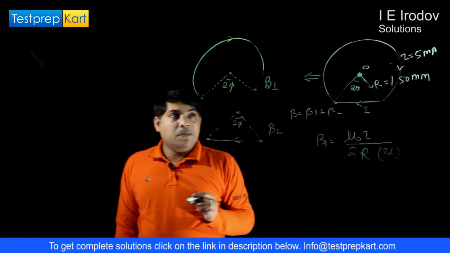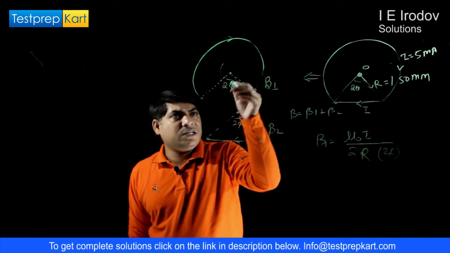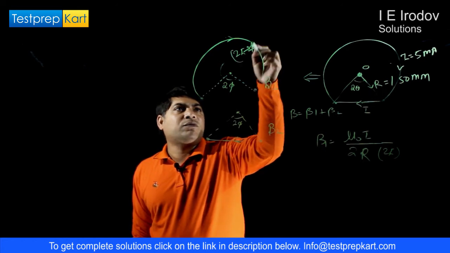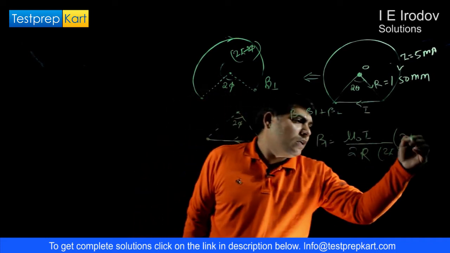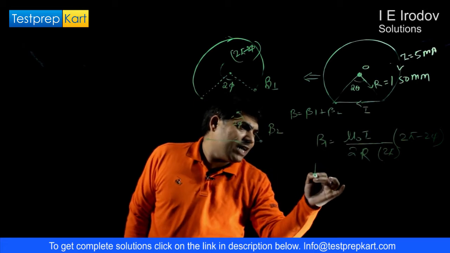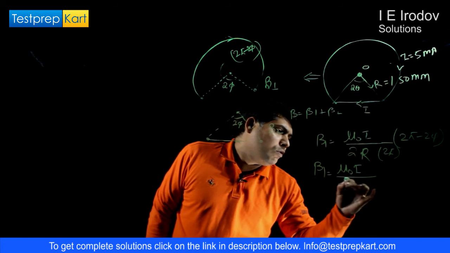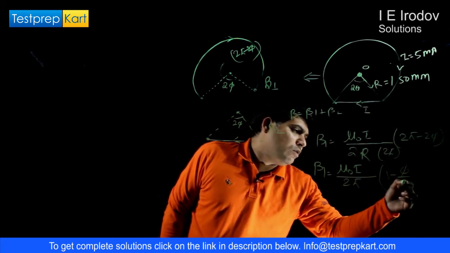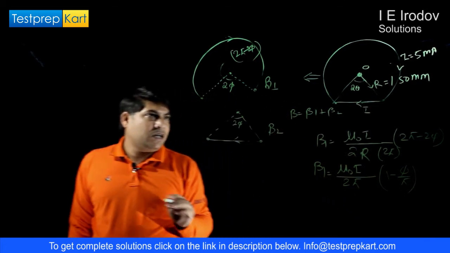But here the angle available for the induction of magnetic field is 2 pi minus 2 phi. So the magnetic field due to this segment would be 2 pi minus 2 phi over 2 pi. So from here we can write B1 is equal to mu naught I over 2R into 1 minus phi over pi. This was the first part.